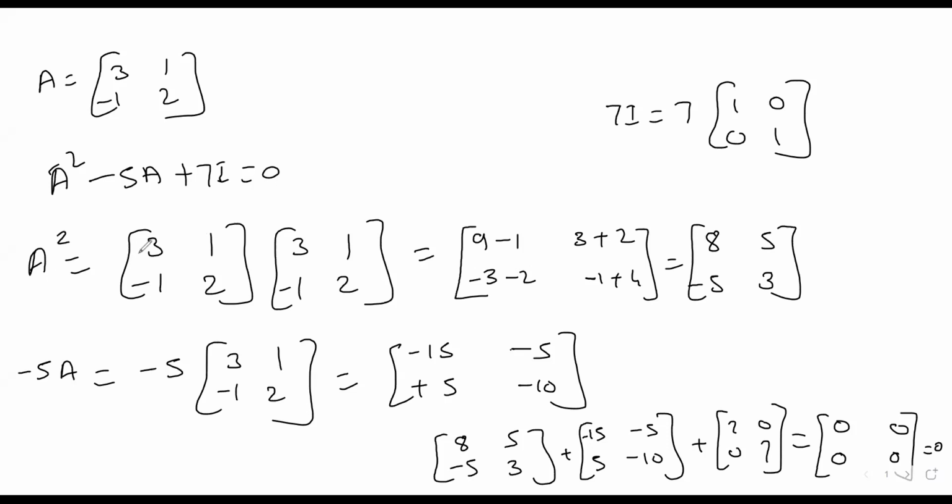A square is A into A, so it is 8 5 minus 5 3. Minus 5A, so we are multiplying A with minus 5. Minus 15 5 minus 5 minus 10, and 7I, that is 7 0 0 7. If we add them, the answer will be 0 0 0 0, that is equal to 0. So it is proved that A square minus 5A plus 7I is equal to 0 for the given matrix A.